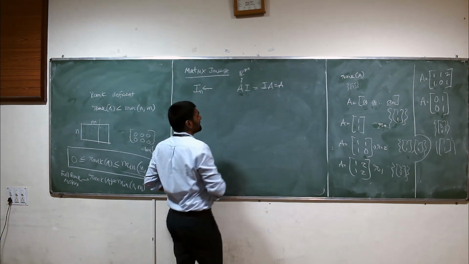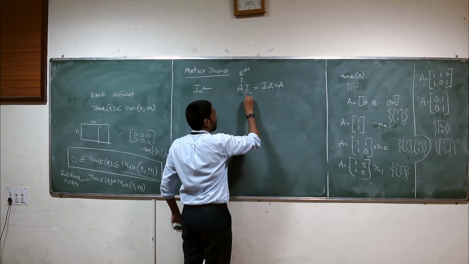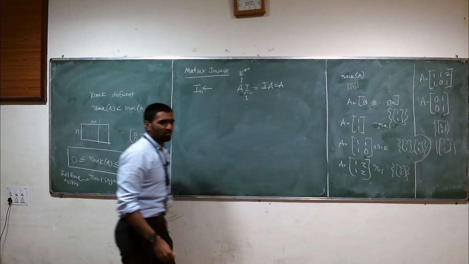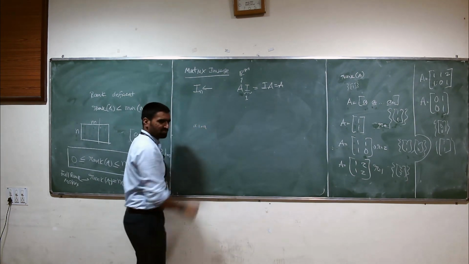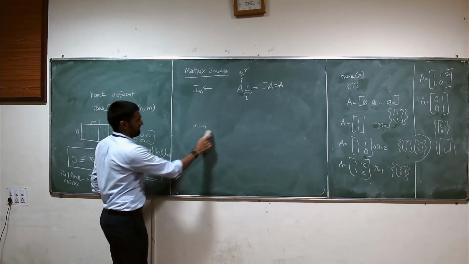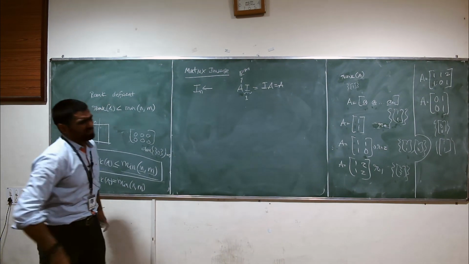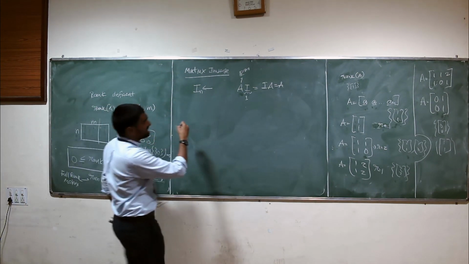In some way, this is like 1 for the real numbers, because if you multiply any number A by 1, you get A. This brings us to the idea of an inverse.